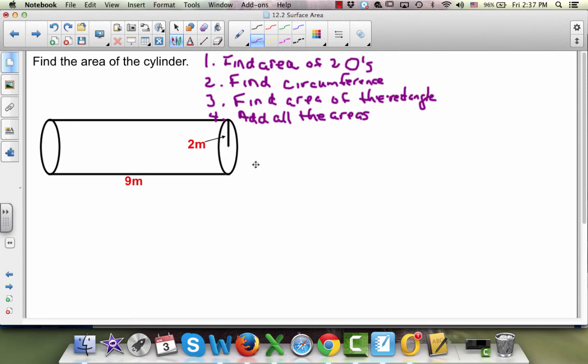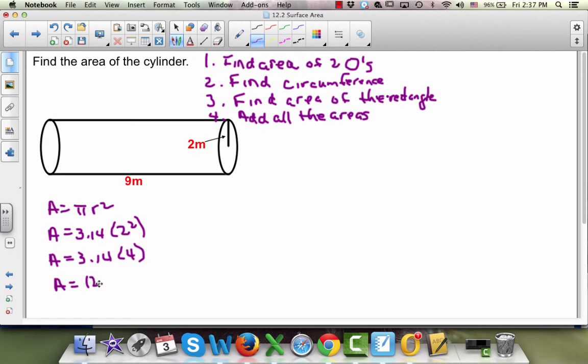So what do we do? Find the area of the two circles. The radius is 2, so we have area equals pi r squared. Area equals 3.14 times 2 squared. That gives us area equals 3.14 times 4, and that gives us area equals 12.56 meters squared.